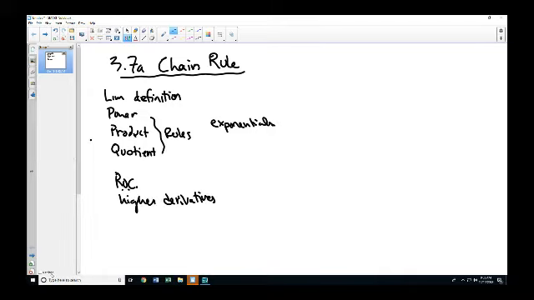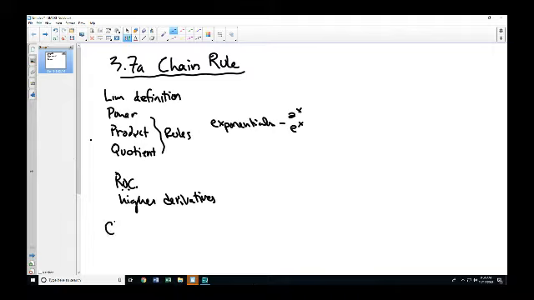Good. Okay, so how many known rules and ways are there? Okay, the chain rule combines a lot of these together, right? So we're going to take all of this and we're going to put it into using several of them in one derivative. All right.